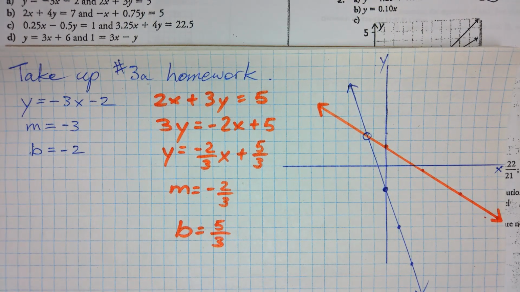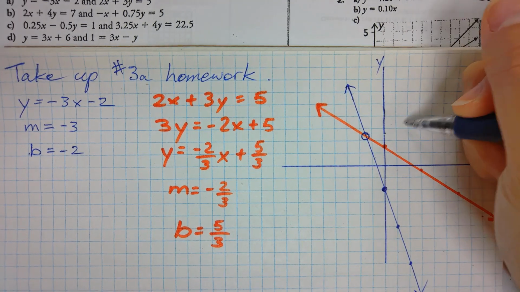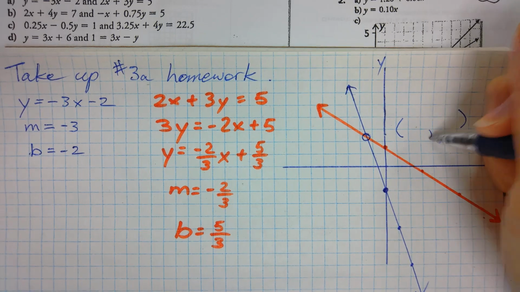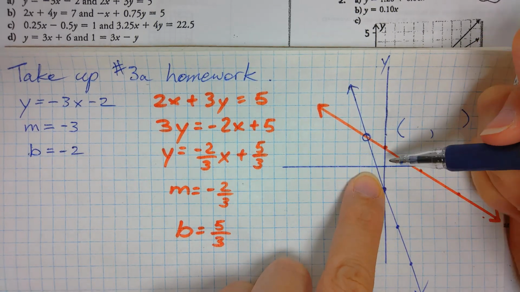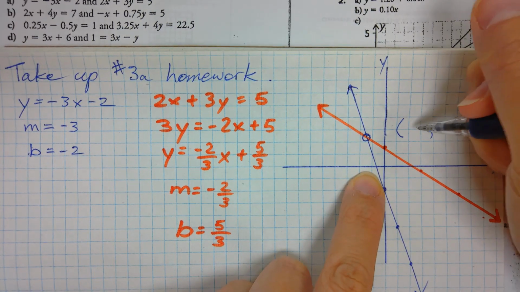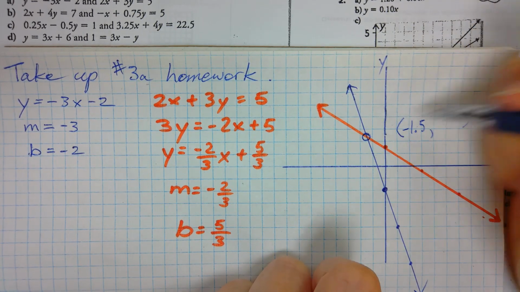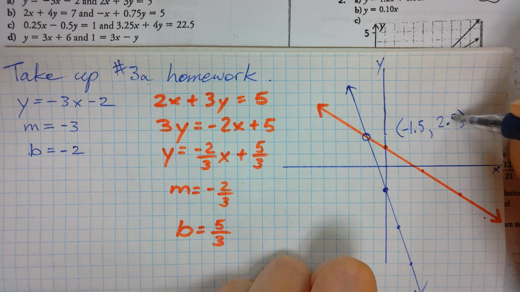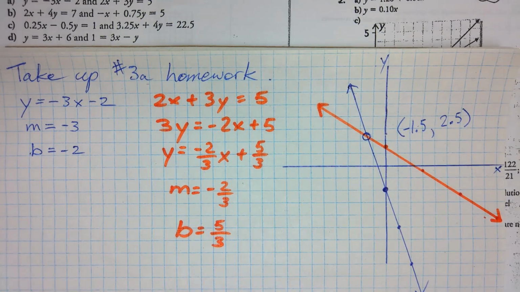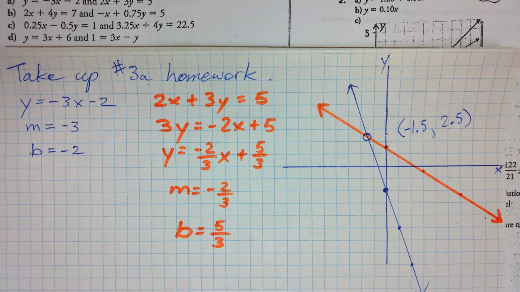Based on the graph, what are the roughly the coordinates of this intersection point? Okay, looks like it's about negative 1.5, and 2.5. Okay, and there you go. If you were to use Desmos to graph it, you'll get a more precise answer.